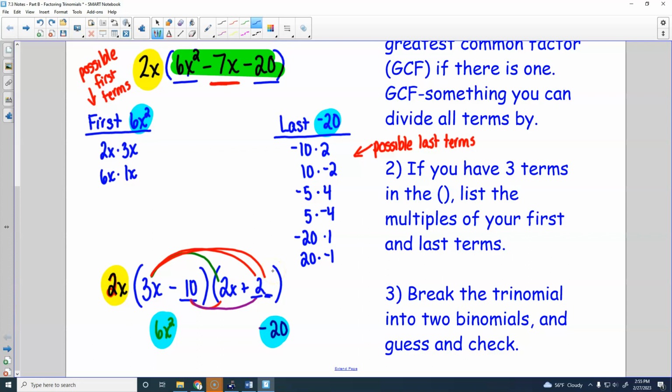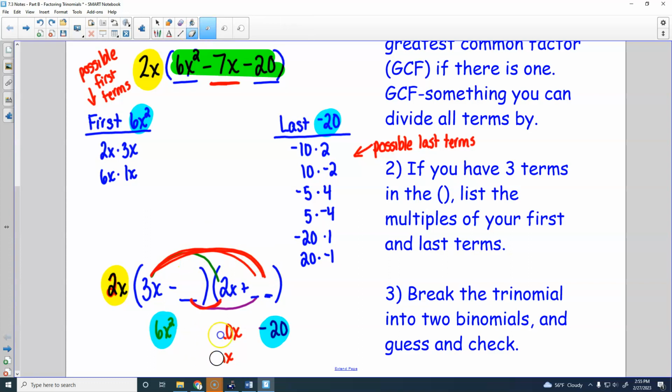All right, so when I multiply those together, 3x times 2 gives us a positive 6x. And then the negative 10 times 2 is negative 20x. That's going to give me negative 14x, which is not it. So I might could switch them just so you guys don't scream. I will tell you that switching them is not going to fix our problem. I think we need a 5 and 4.